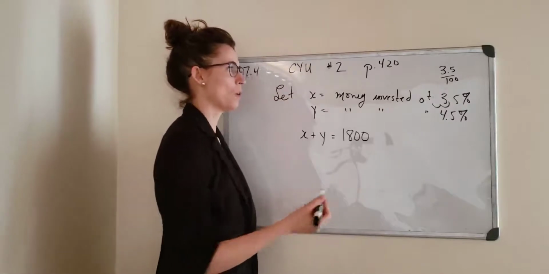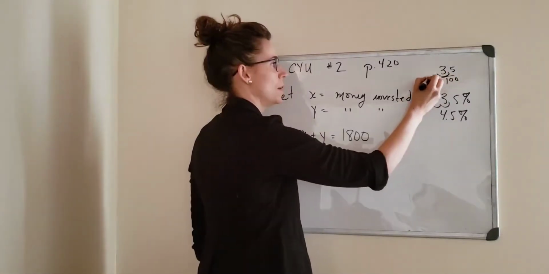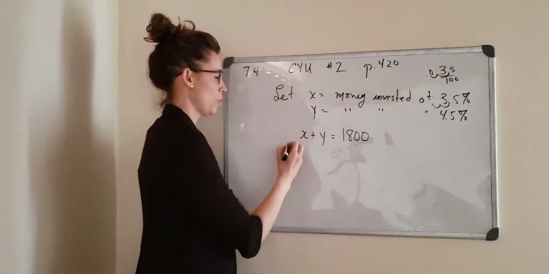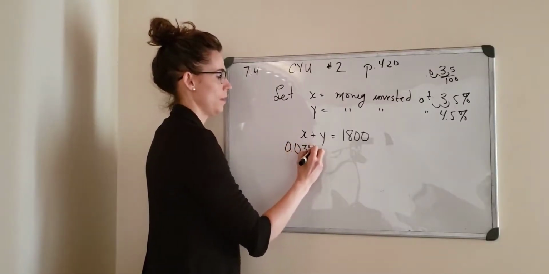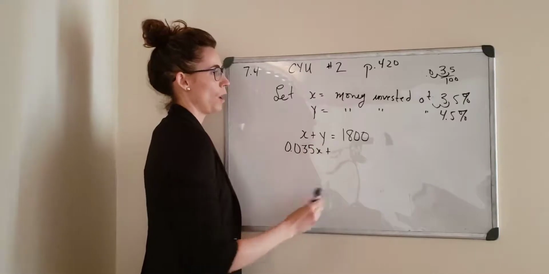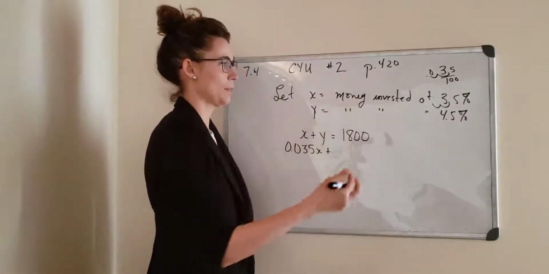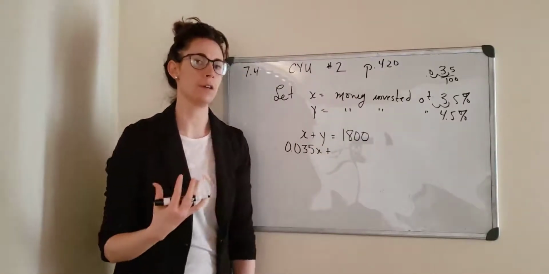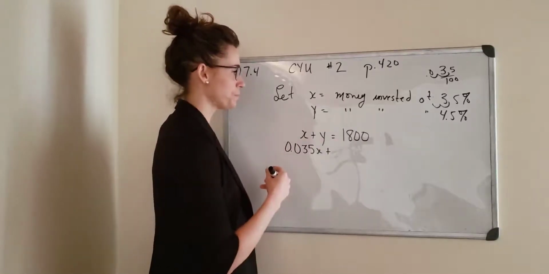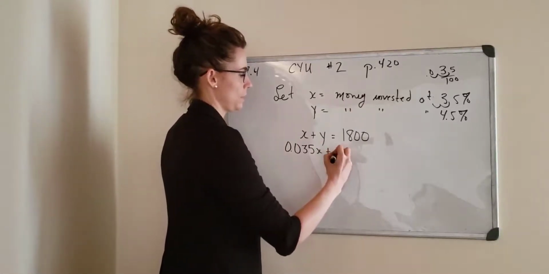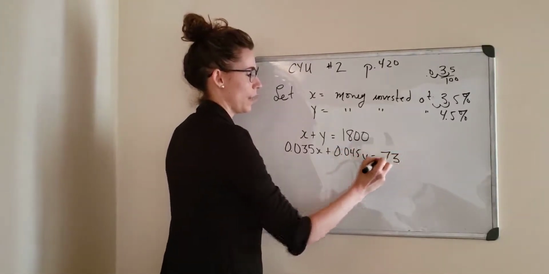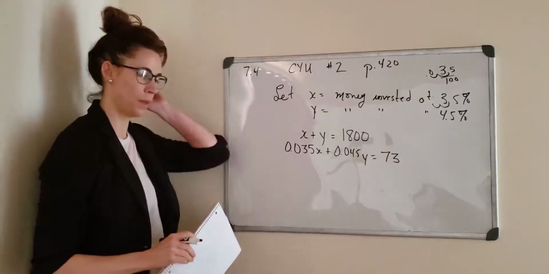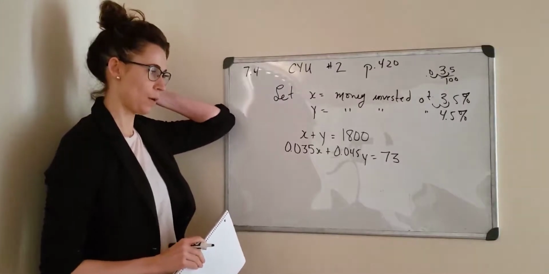So by the x, I'm going to write 0.035x. By the y, I'm going to use that 4.5 again. That percent means a number out of 100, so we divide it back 2 places, and that would be 0.045y. We knew that when we did that, we got $73. That's why we set it up like that.